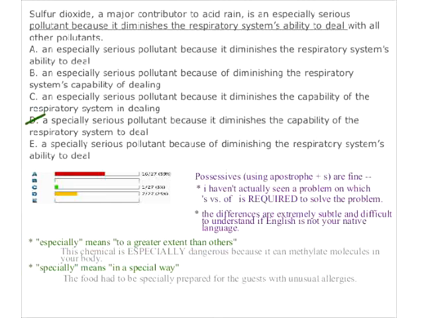And then there's idioms. Remember, idioms don't have rules, so you just have to kind of know what works and what doesn't. The ability to deal, you don't say ability in dealing. So ability plus infinitive, ability to do something.